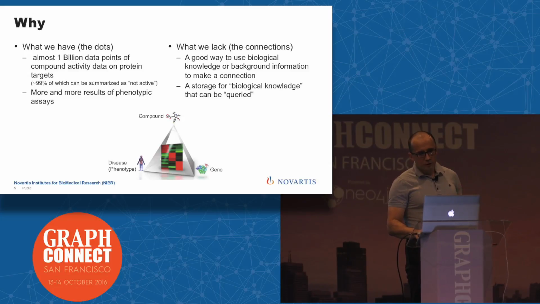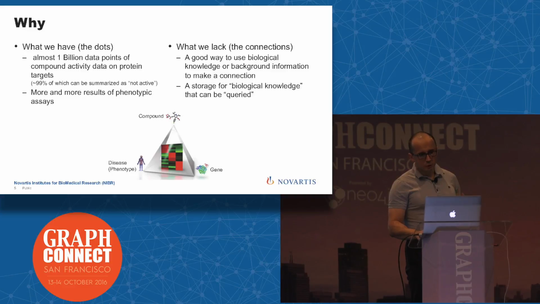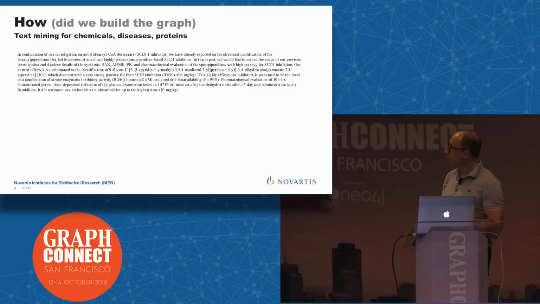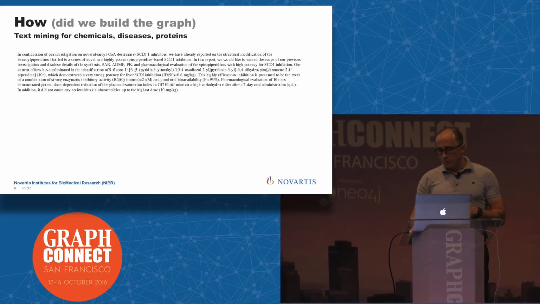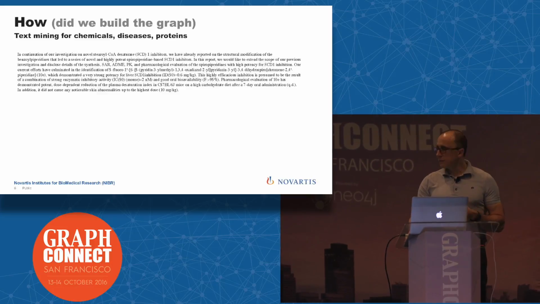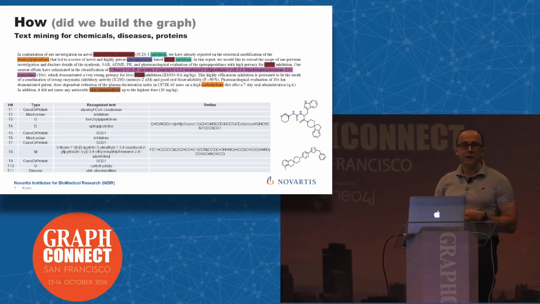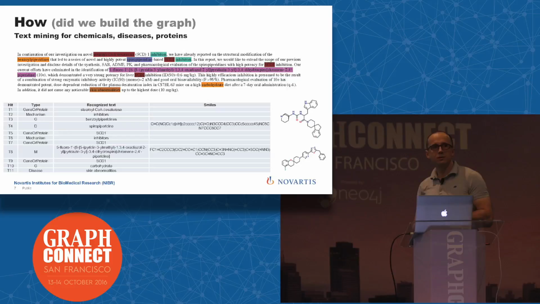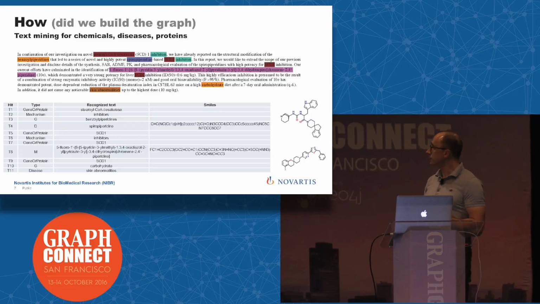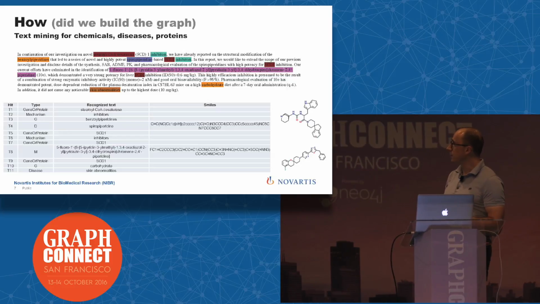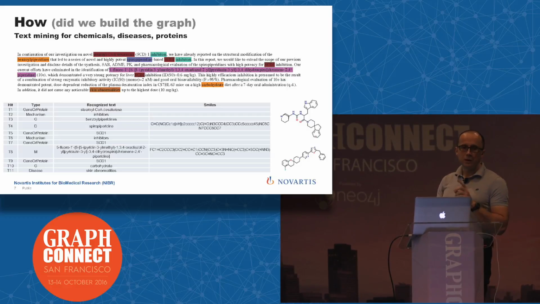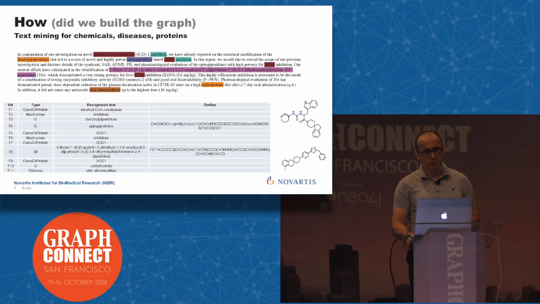I mentioned that one of the sources of information that we're putting in there is text mining. And here is some scientific text. There are tools available that will identify entities of interest in this text. Here we're identifying compounds, genes, and also diseases and processes and so on.